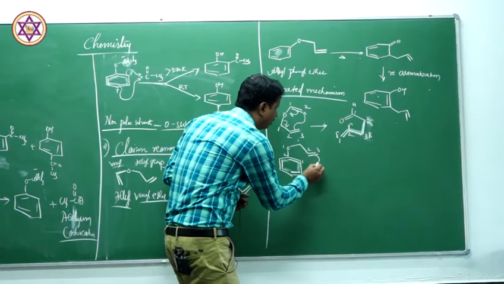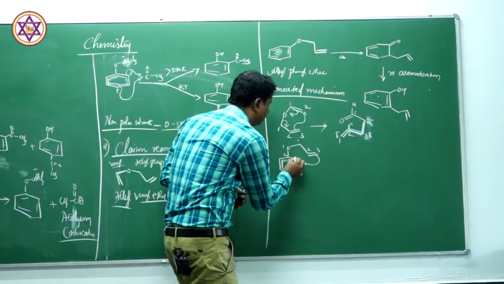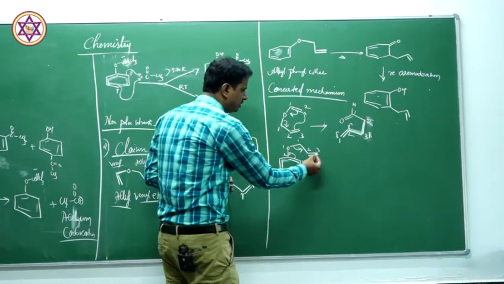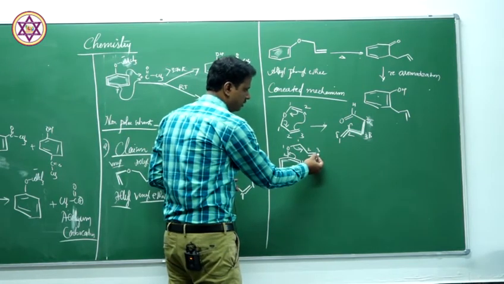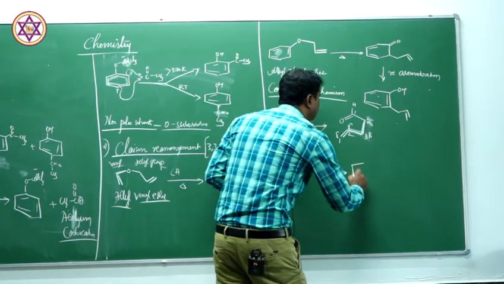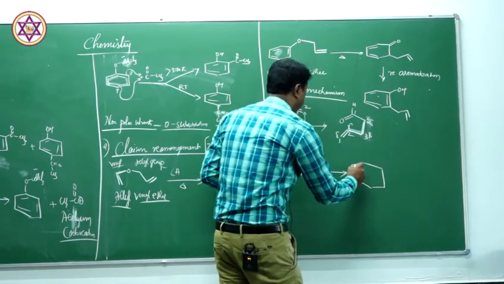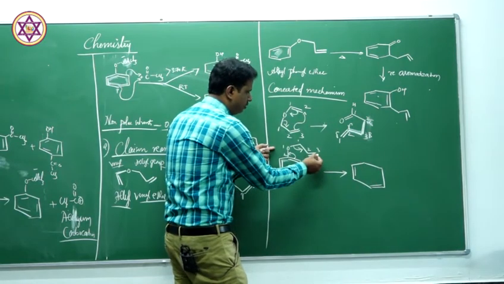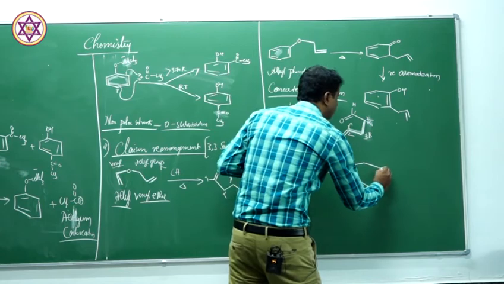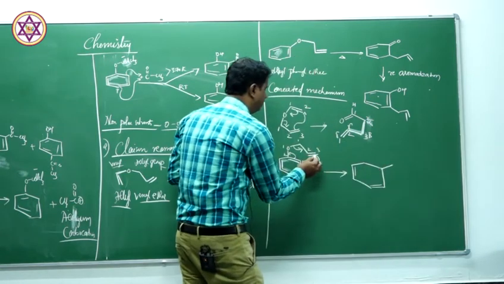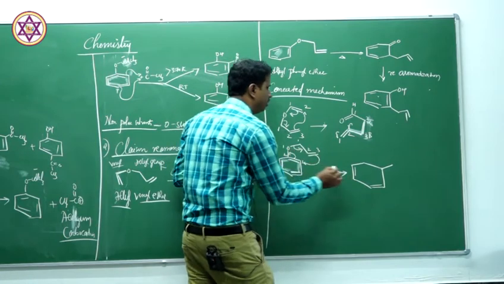So let me show you. This bond comes here, this goes here, and this comes here. Now there is a sigma bond between this 3 and 3. I'll write it here. These are as it is. See, there is a sigma between 3 and 3, so we'll write like this. And this bond is coming here, and this is coming here.